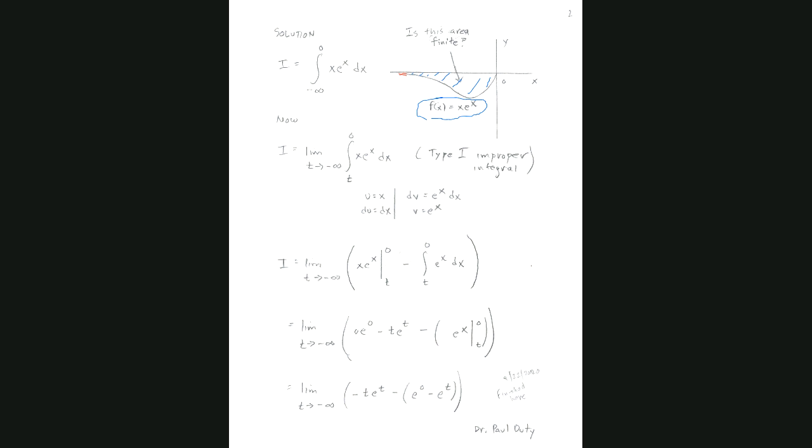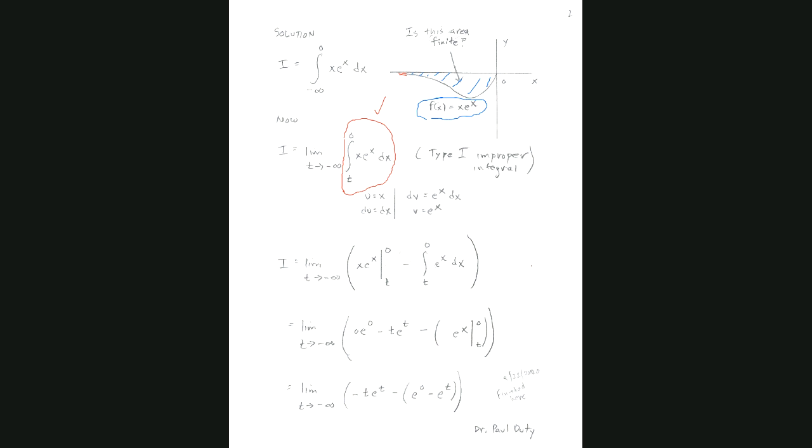So what we're going to do is write this improper integral as the limit as t approaches negative infinity of a proper integral. Okay, so see, the bottom limit is t, and t we treat like it's finite.